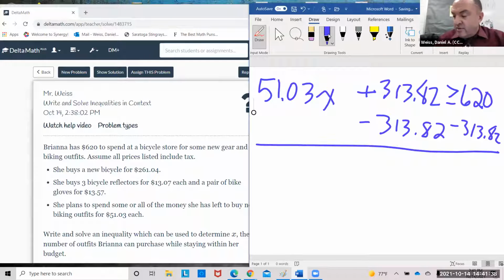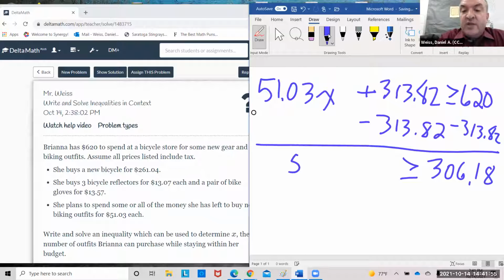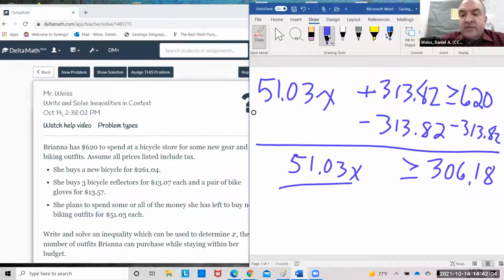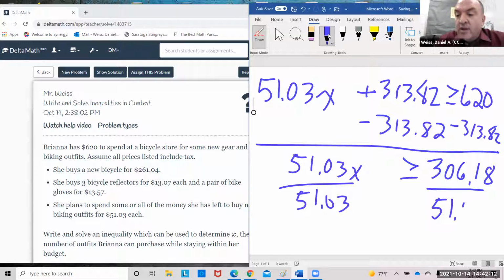620 minus 313.82 is 306.18. So 51.03x greater than or equal to 306.18. So divide by 51.03, and you get 6.